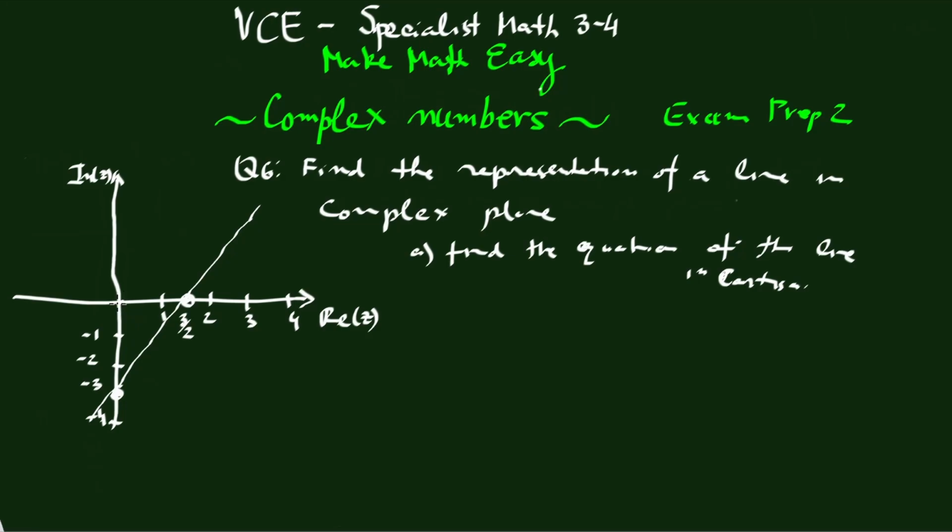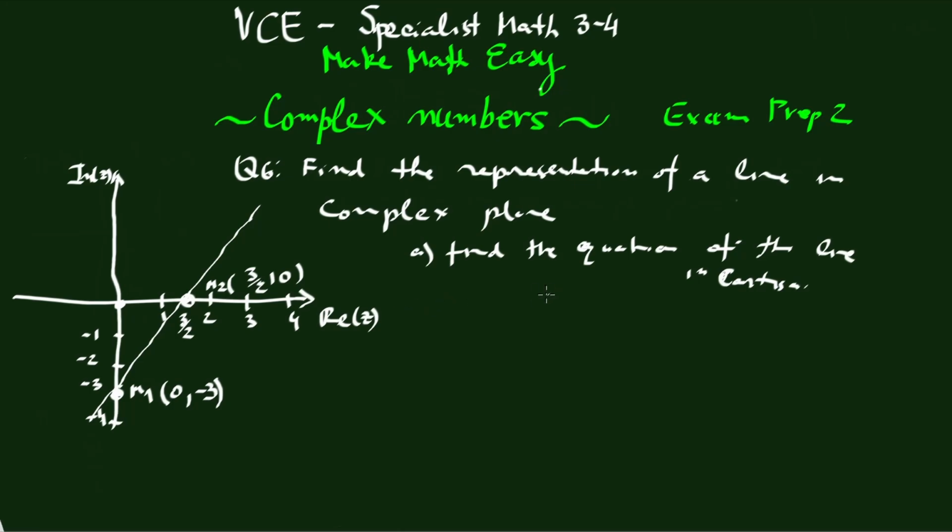This point we call M1, and this point we call M2. What are the coordinates of M1? They are 0 for x and -3 for y. And the coordinates of M2 are 3/2 and 0.